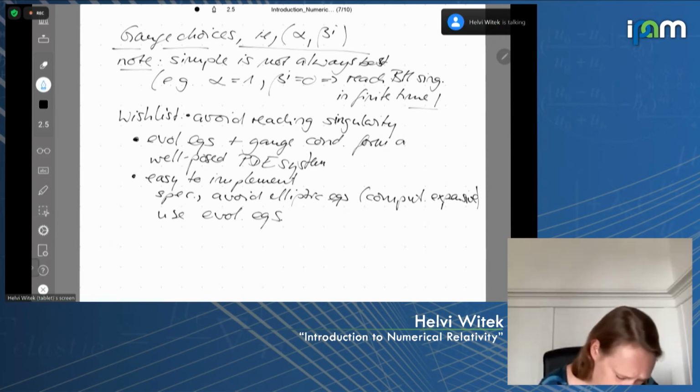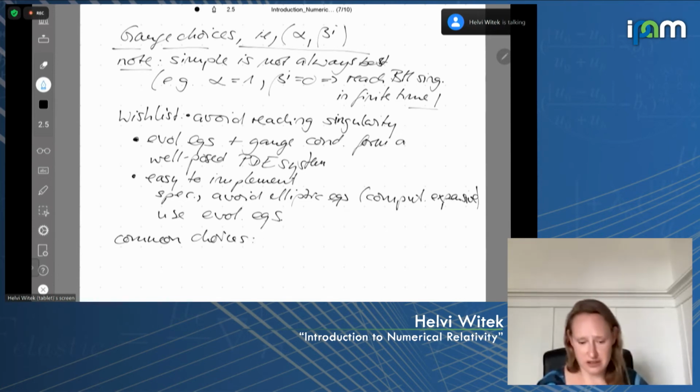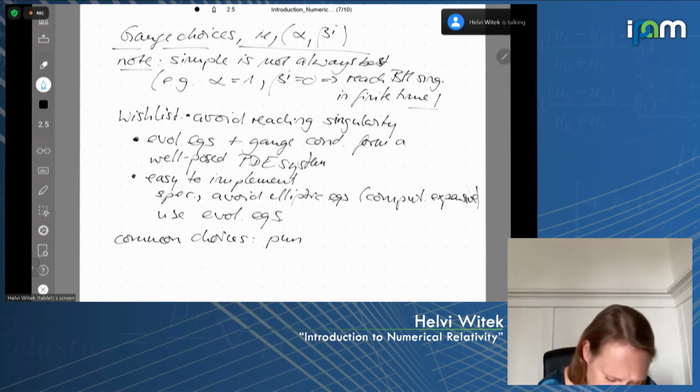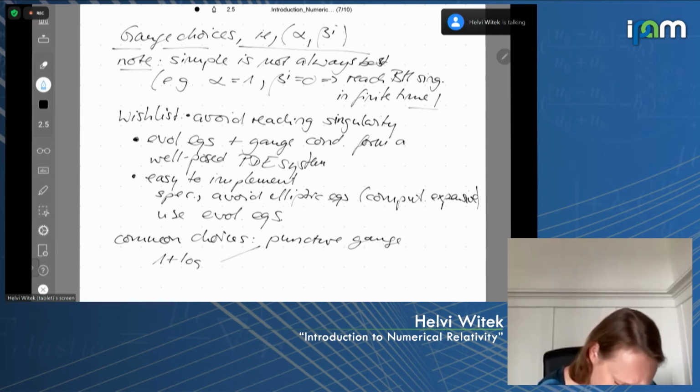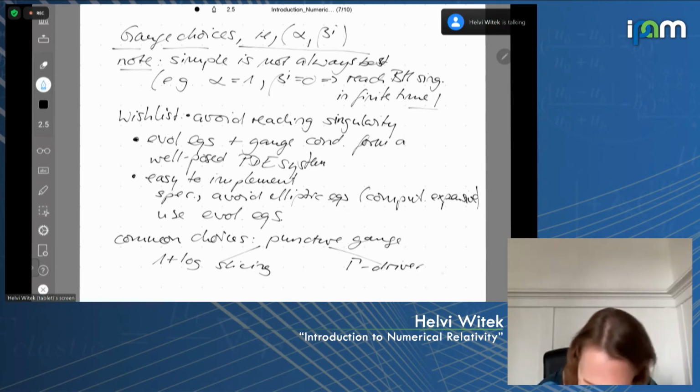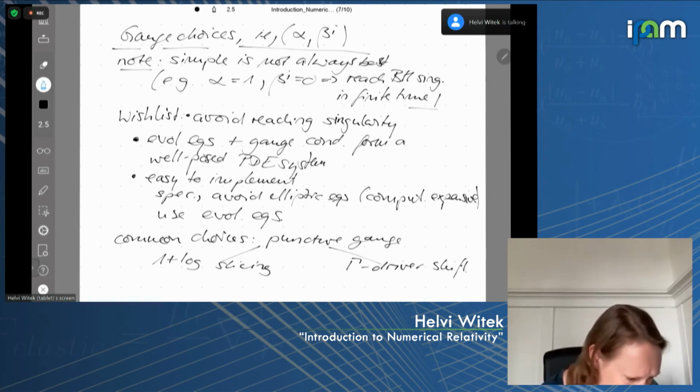Good. So one of the most common choices is what we call the puncture gauge, or even moving puncture gauge. And this has two parts. There's a condition for the lapse, which is called 1+log slicing, and the condition for the shift is called the gamma driver condition. And we will see in a moment why that is.